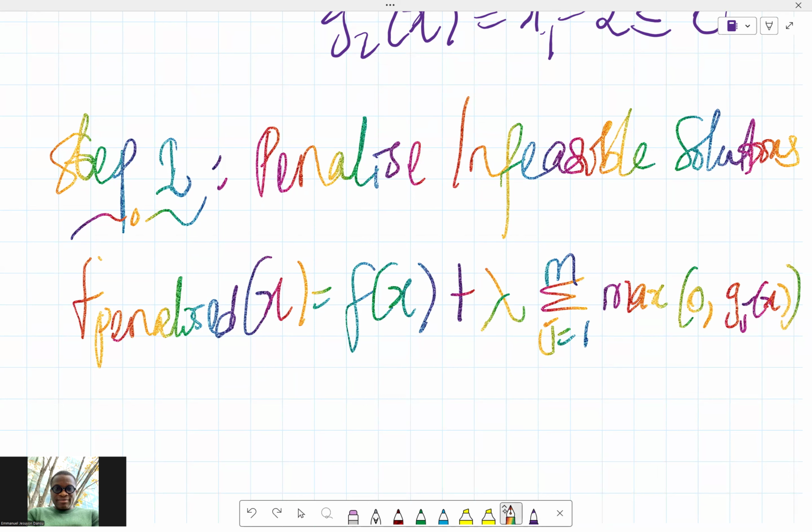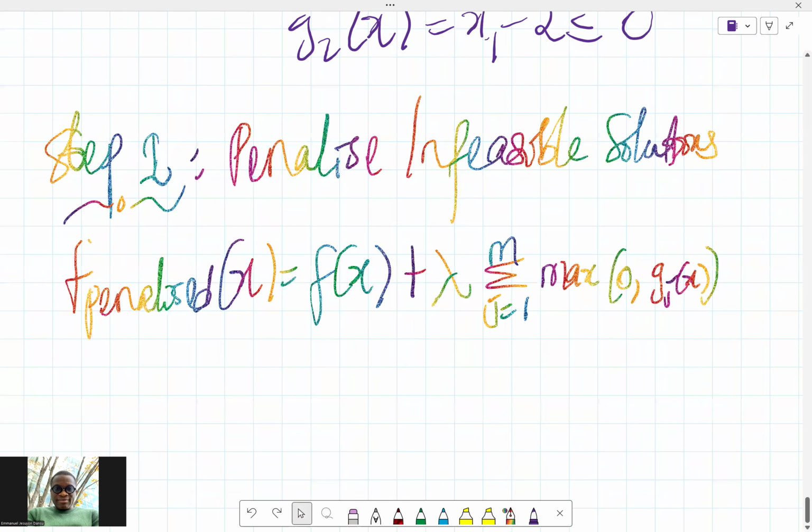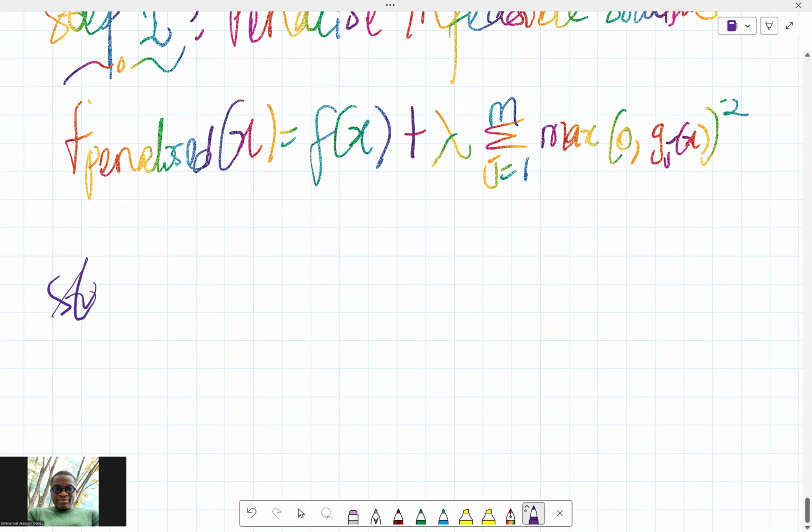Okay, so that's the idea of penalty. If you've not seen the penalty method video, you can check that for a comprehensive explanation of the penalty method. So that's step 1 right there, and we go for step 2.